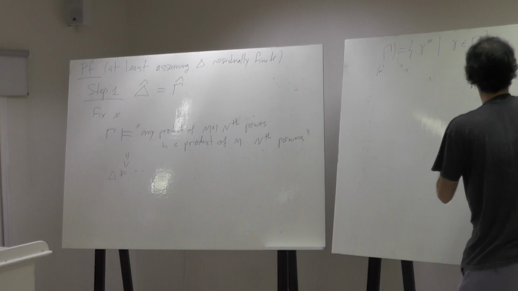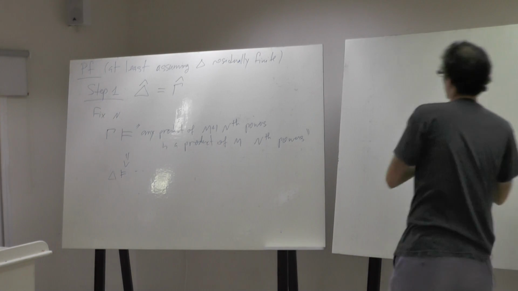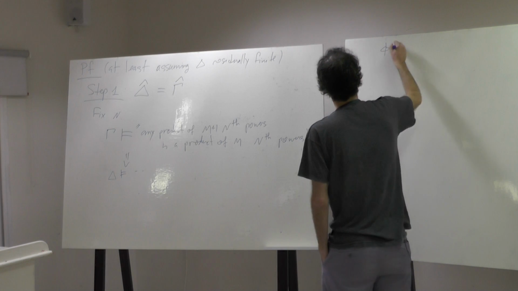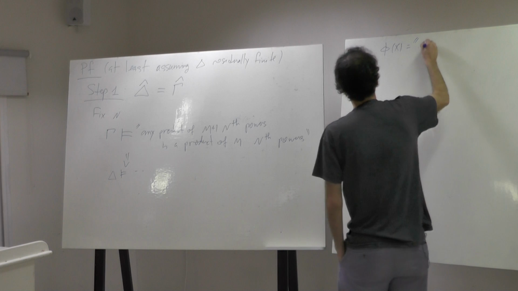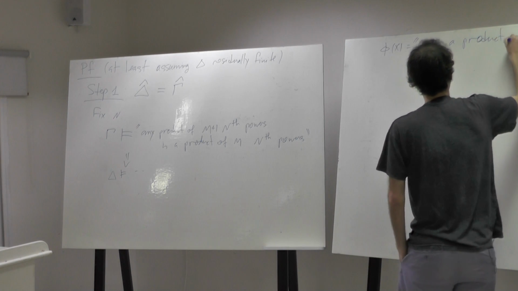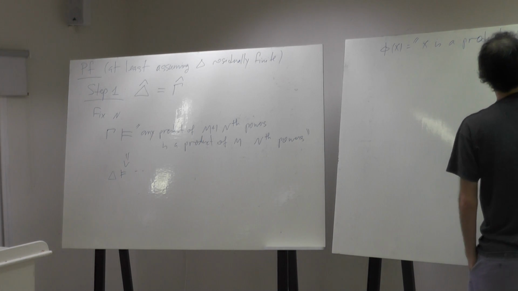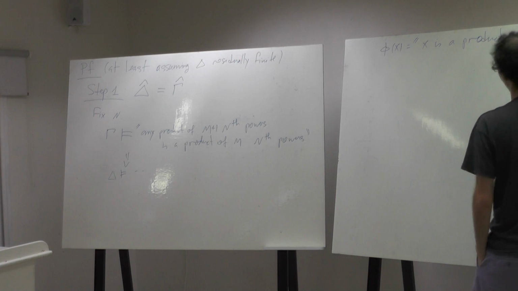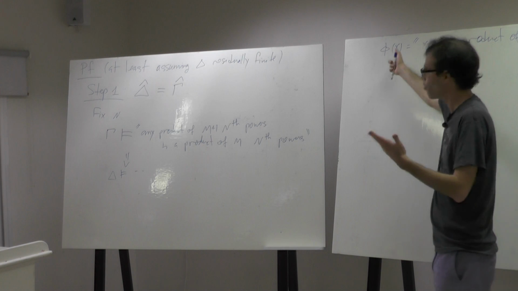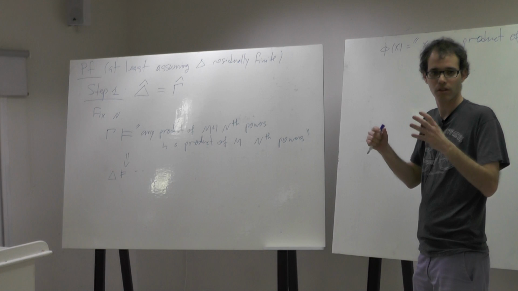It means that the set, okay, if phi is the statement x is a product of m nth powers. In logic, formulas have the same job as equations in algebraic geometry.